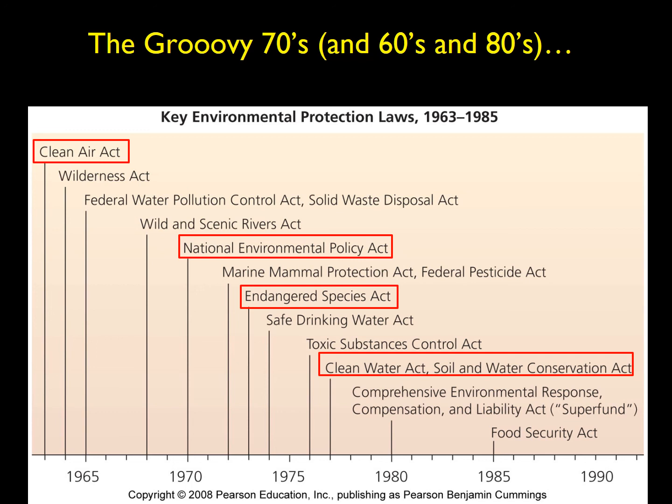The Endangered Species Act in 1973 was very important, and we'll talk more about that later in class. And then the Clean Water Act in 1977 did for water what the Clean Air Act did for the air. It created standards of pollution, essentially pollution limits, and if they were crossed, then there were fines and pretty serious penalties for violators.